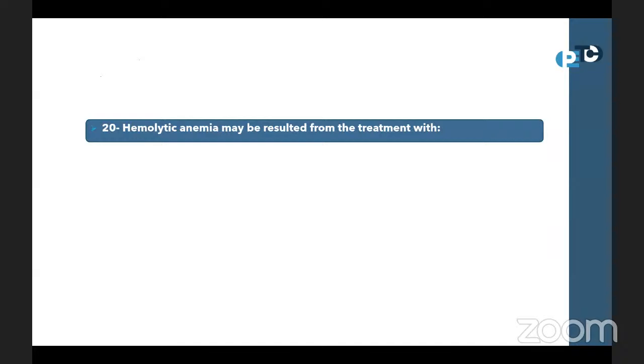The last question today. Hemolytic anemia may result from treatment with which of the following? Hemolytic anemia happens by two main causes. Either genetically, or due to deficiency of a specific enzyme, called glucose 6-phosphate dehydrogenase.